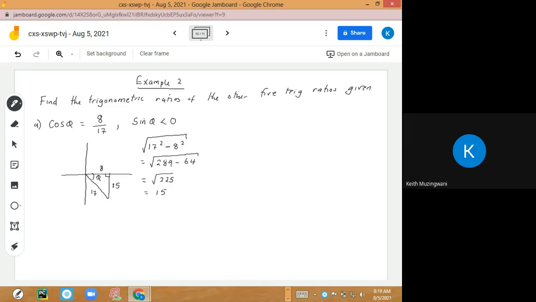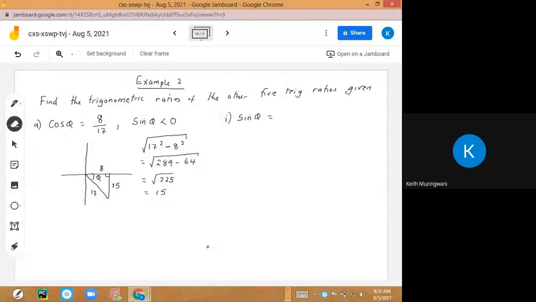So now the question says find the other 5 trig ratios. So we have found for cos. Then we start counting them up to 5.